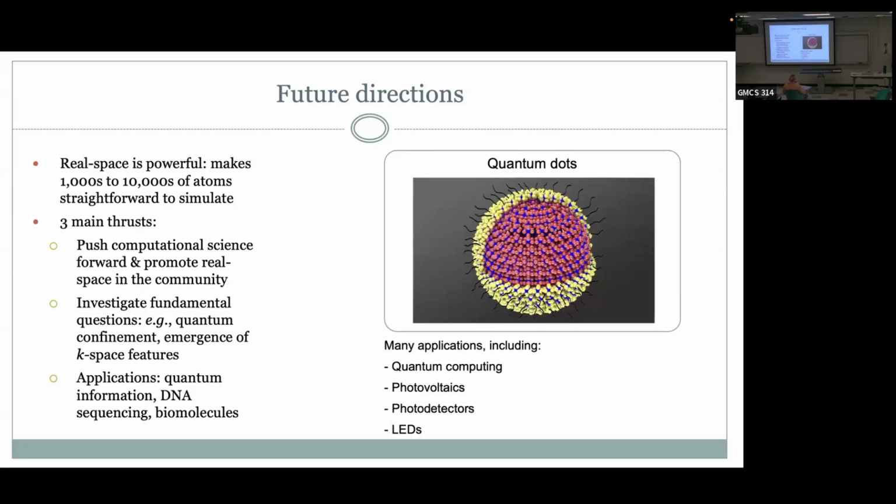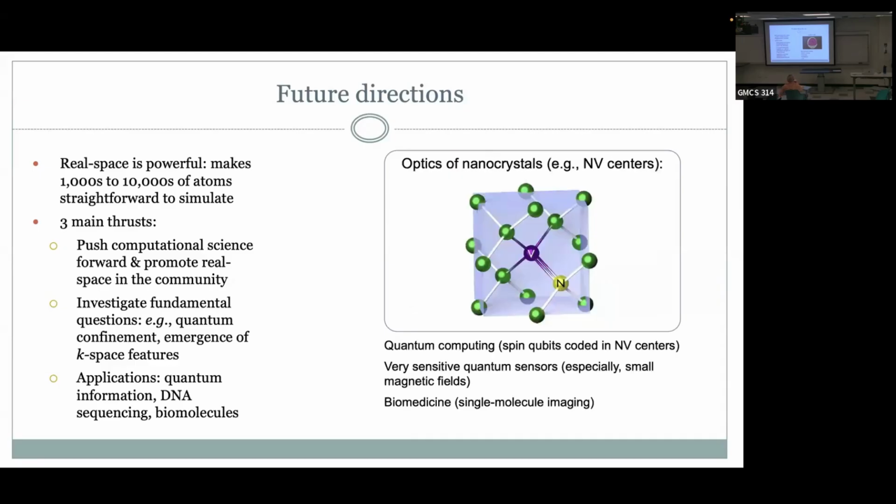And then we have a lot of applications. For example, quantum dots, as I mentioned, is what I focused on in this study. They have a lot of uses. They're used in quantum computing, photovoltaics, photodetectors, LEDs. We can study optics of nanocrystals, in finite crystals of diamond, for example.